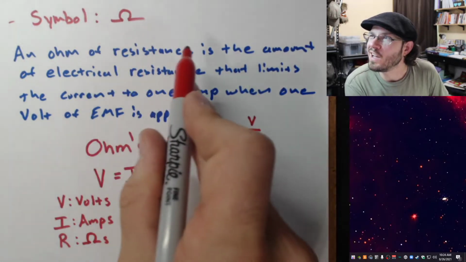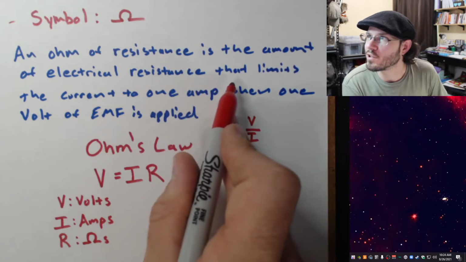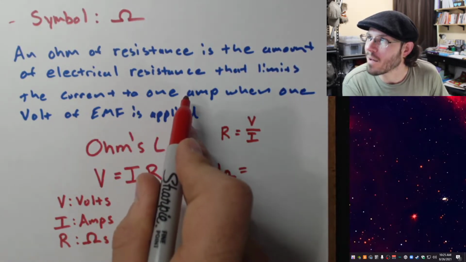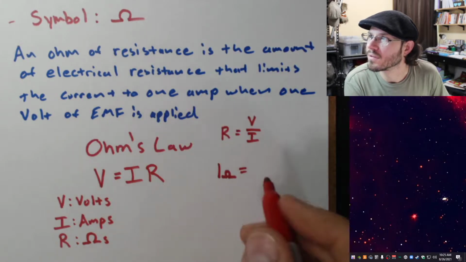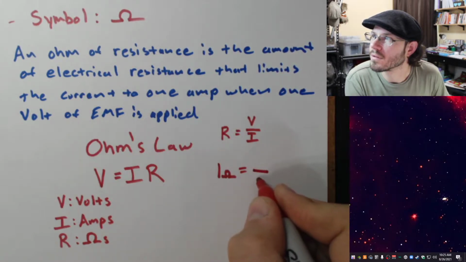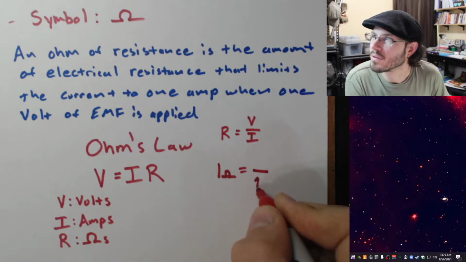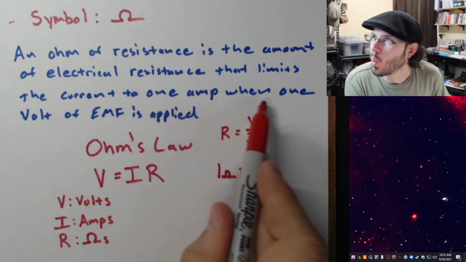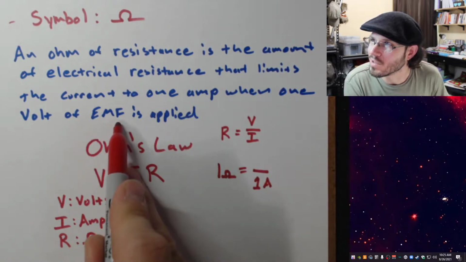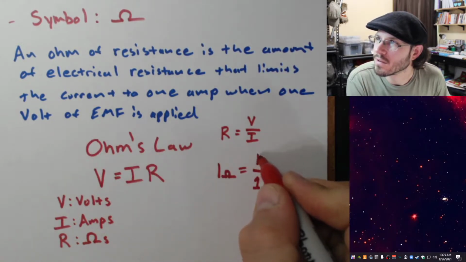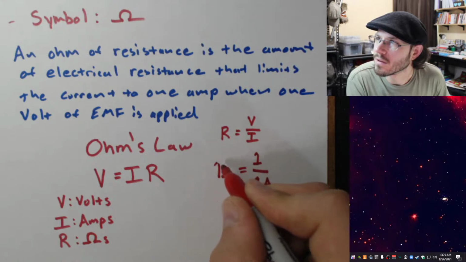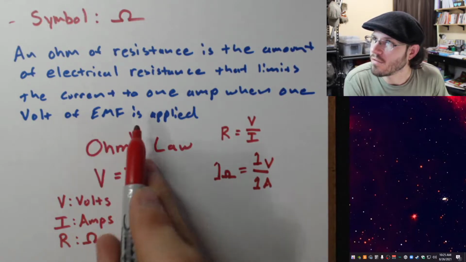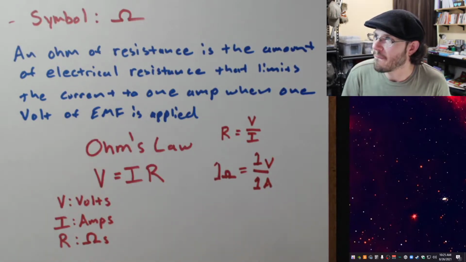An ohm of resistance is the amount of electrical resistance that limits the current to 1 amp when 1 volt of EMF is applied. Okay?